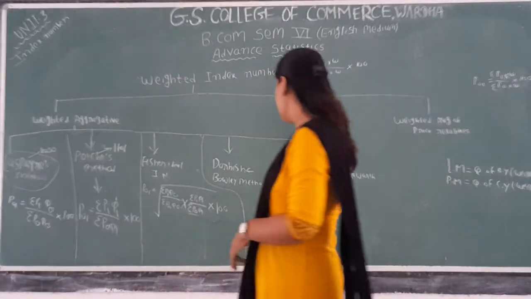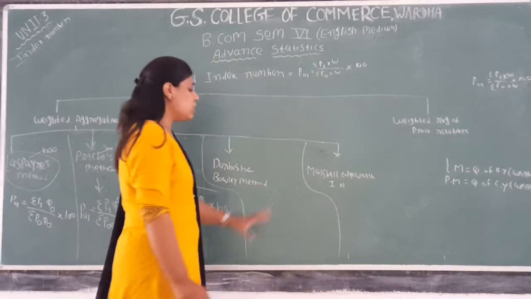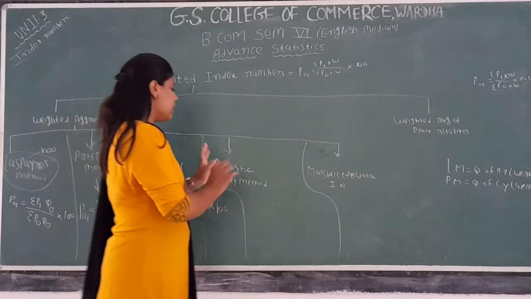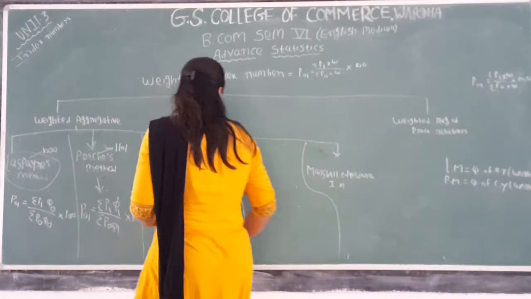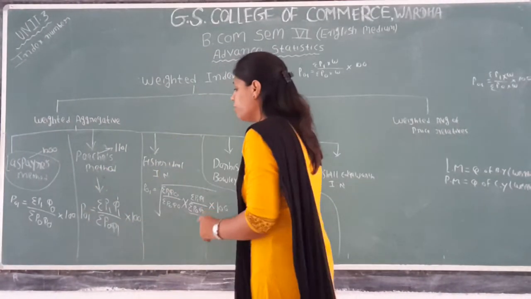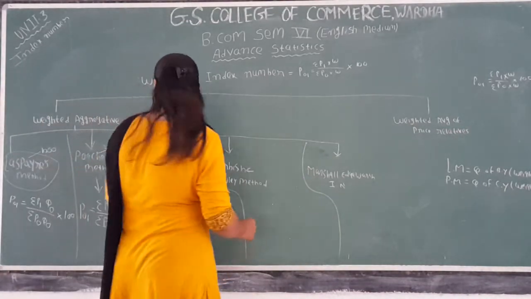After that, we have Drobisch and Bowley's method. When we talk about Drobisch and Bowley's method, it is nothing but the average of the Laspeyres method and Paasche's method into 100. So here, we are simply going to put this formula.